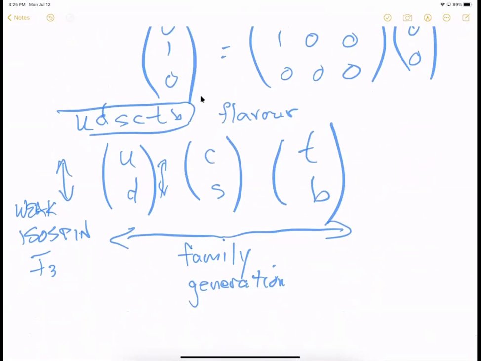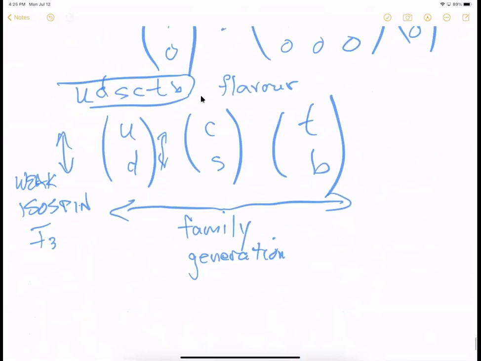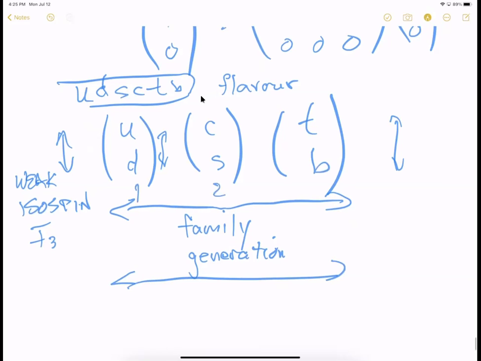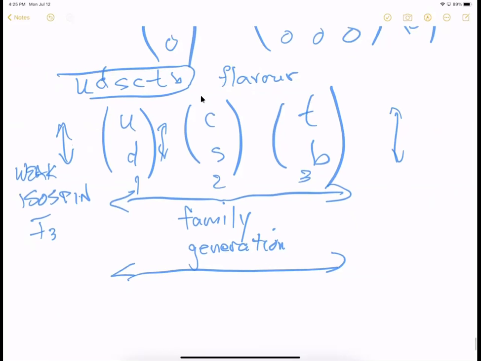But we have 6 different flavors of quark, but they're divided into weak isospin states vertically and family or generation. I'll probably talk about the family, family 1, family 2, family 3, or generation 1, 2, or 3. That's a distinction that's made only by the weak interaction.